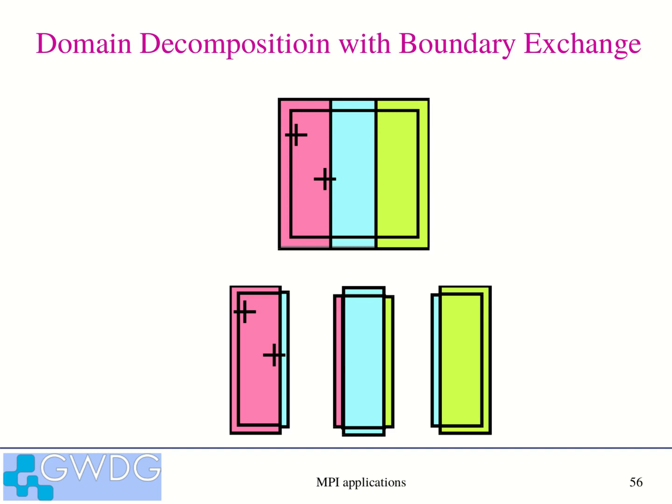And on the rightmost strip, I have only to copy the left boundary. But after this exchange of halo values, I can proceed just to calculate locally the temperature update, because I have all information now available to calculate the new temperature.